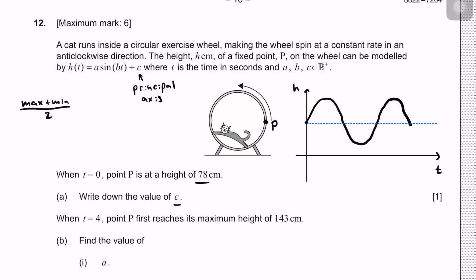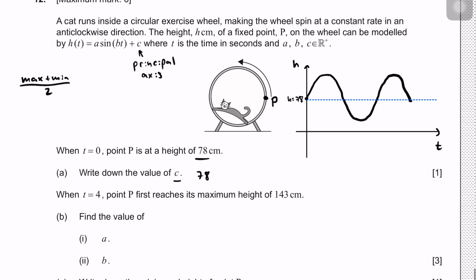But since we have this midline of 78, we know that h equals 78, or 78 is the value of c. So once again, what is this value of c? It's the principal axis, the midline, essentially the halfway point between the max and the min. All right.